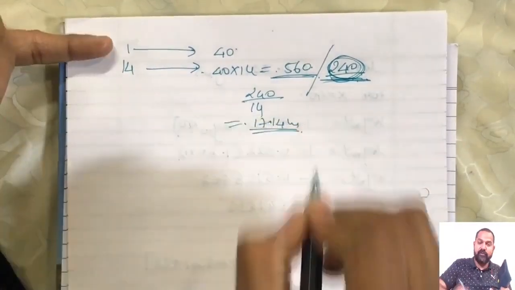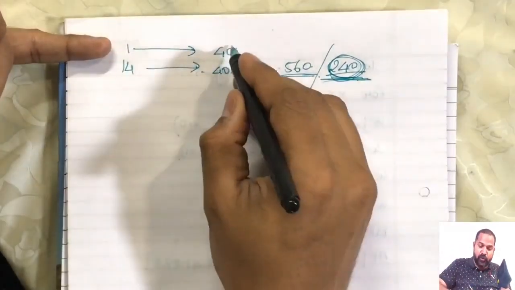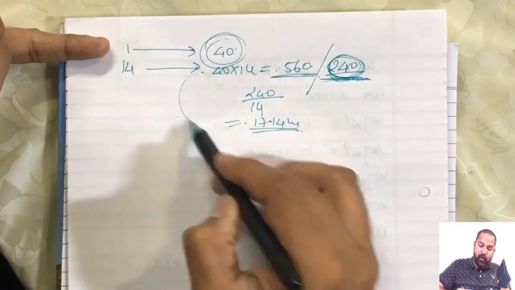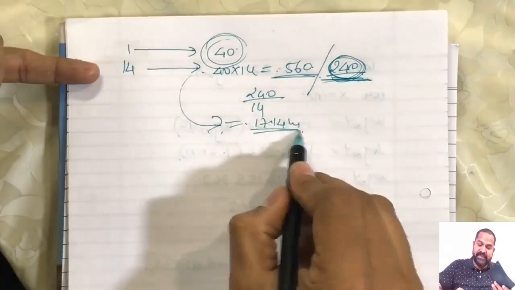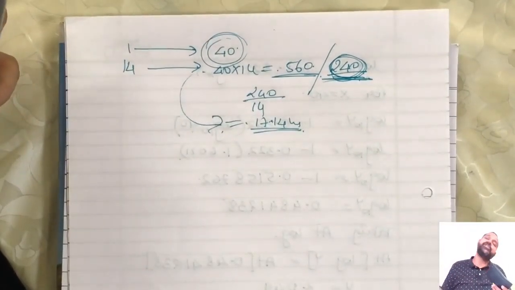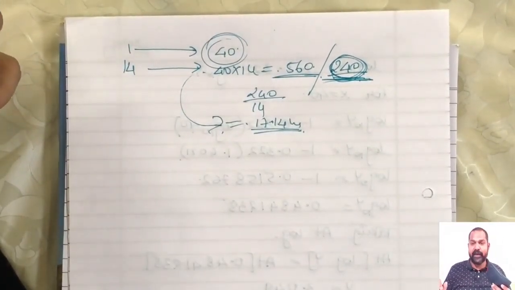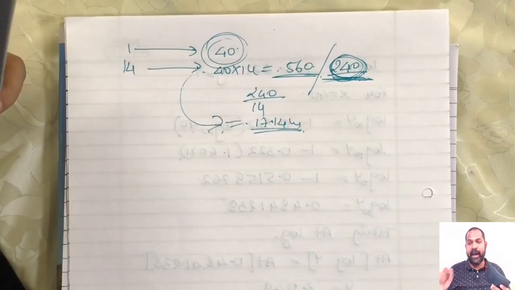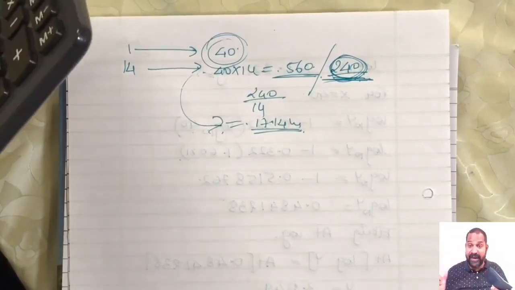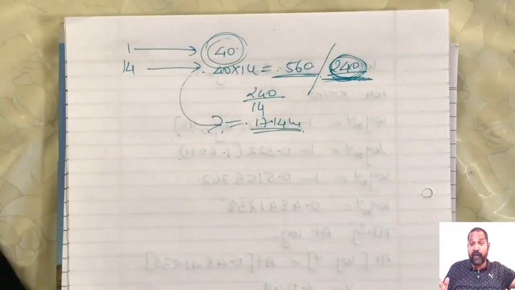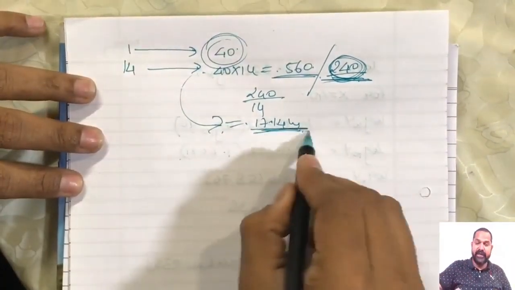Do you notice that the first article took 40 hours and now the average time to make 14 is 17.14 hours, which definitely means that learning is happening. As the work is repeated, as the number of articles made is increasing, the average time is decreasing.